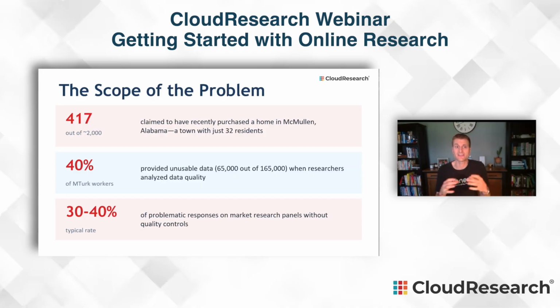And we're able to see across these hundreds of different online platforms that are being used for research, across hundreds of millions of participants, numbers that match up with this 30 to 40% in terms of the percentage of people who show signs of fraud, who fail very simple attention check questions, or who do other things that, based on their location and other behaviors, lead us to think that they're engaged in survey fraud.